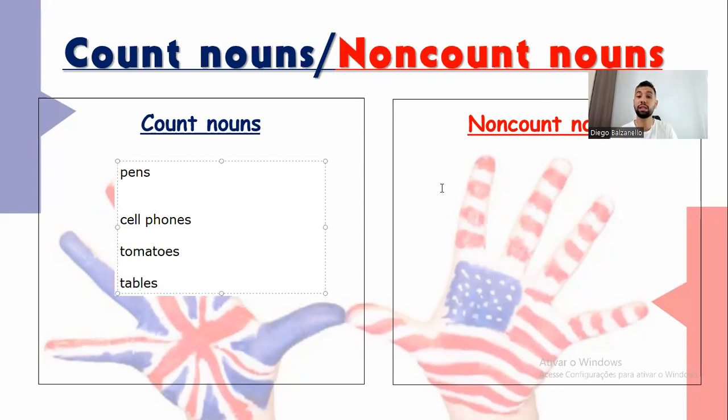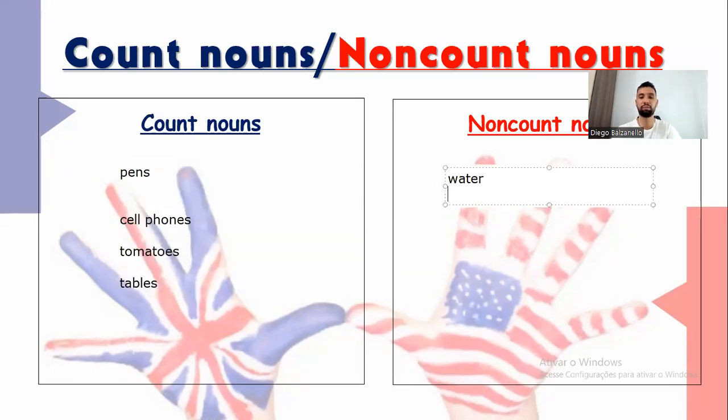And non-count, especially liquids, water, soda, bread, like we saw there, chocolate. Chocolate is uncountable.